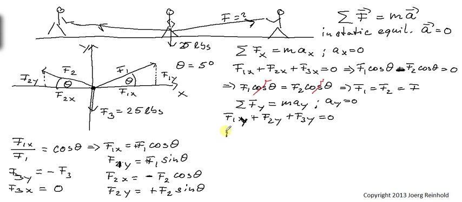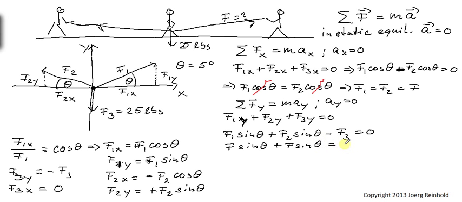They are F1 times the sine of theta plus F2 times the sine of theta minus just the magnitude of F3, the force that points down. F1 and F2 are the same, we can just write F for it, so I get F times the sine of theta plus F times the sine of theta. Bring the F3 to the other side, plus F3.